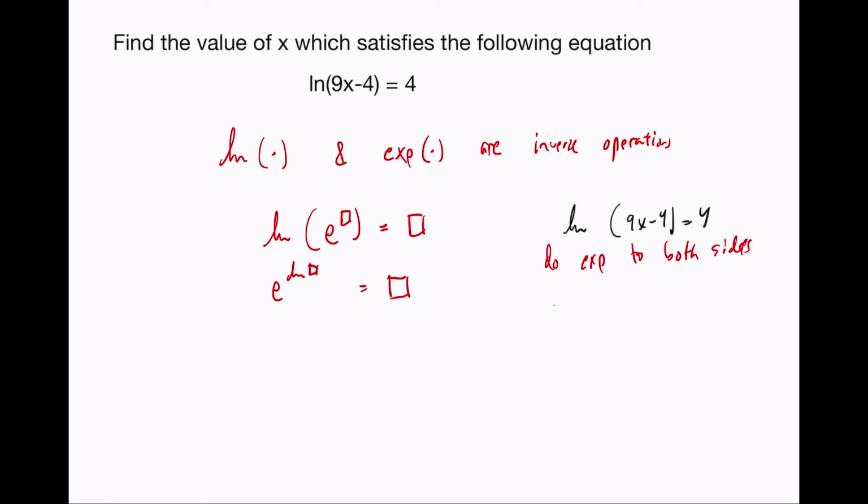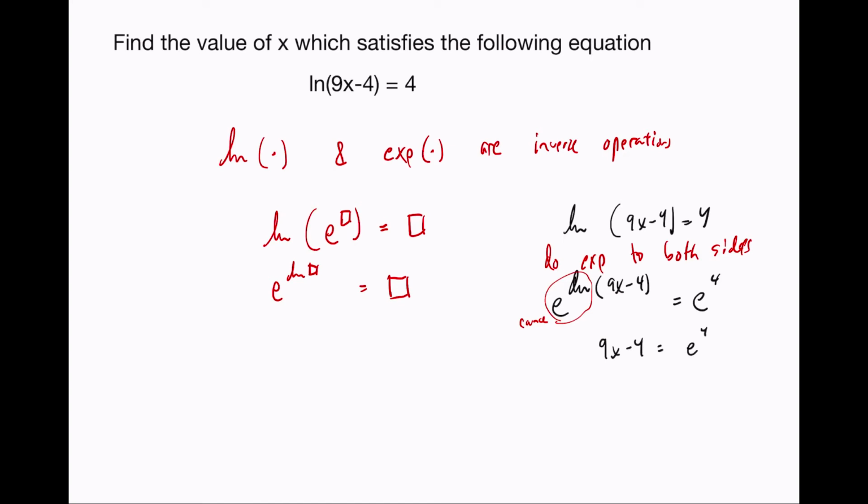So I'll have e to the natural log of 9x minus 4 equals e to the 4. And now, because these two things right here cancel, those are inverse operations, I'm just left with 9x minus 4 equals e to the 4.